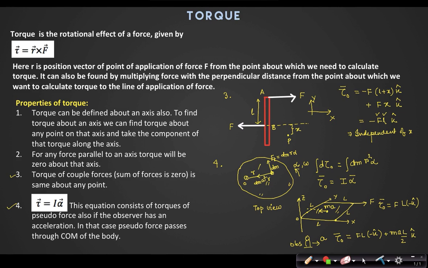But remember, if in your question they only ask you to find the torque and do not mention which observer, suppose there are different observers: observer A is inside the train, observer B is inside the car, observer C is on the ground, and I only ask what is the torque about a point.